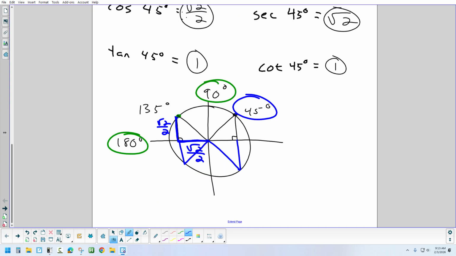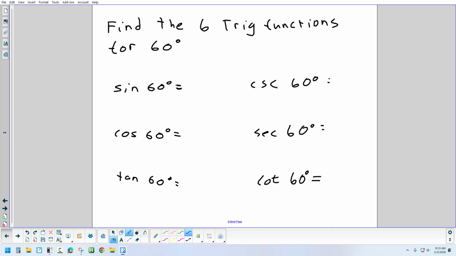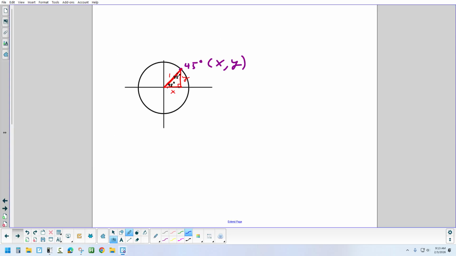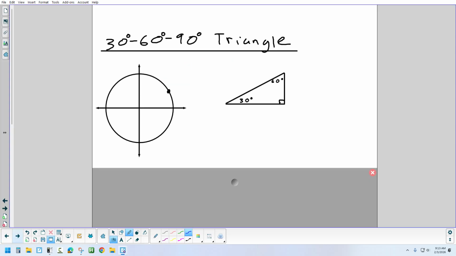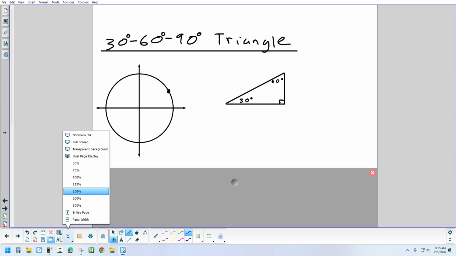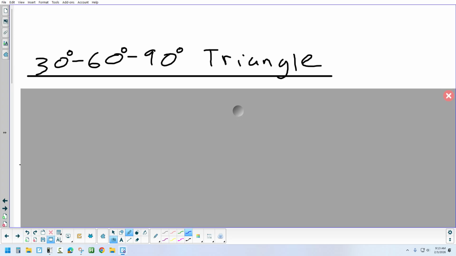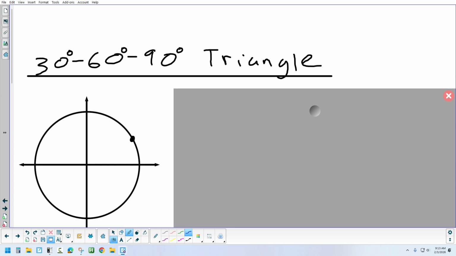All right, so the last one we're going to look at is the 30s and the 60s. So we already worked with the 45, 45, 90. That's done. We can forget about 45, 45, 90 for now. 45, 45, 90 is only going to help you if your angle is a multiple of 45.